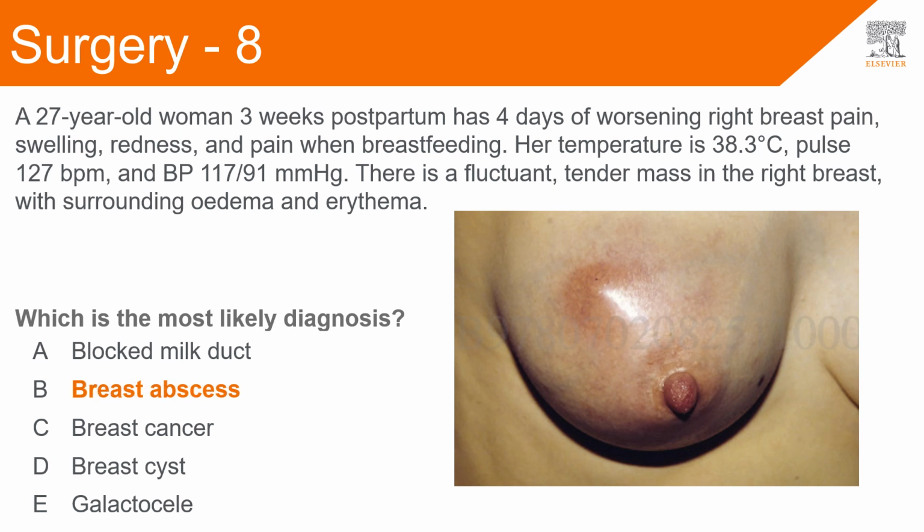For this question, the correct answer is B, a breast abscess.